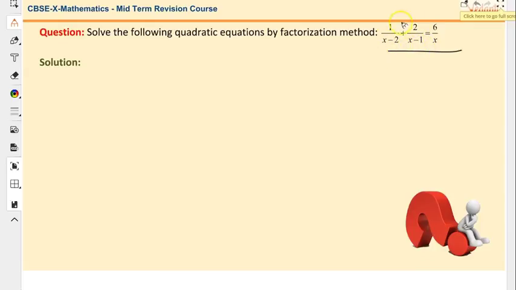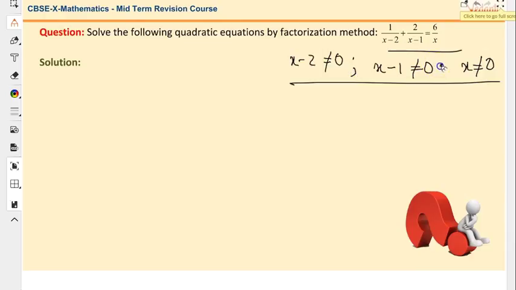But before simplification, you have to see something which is not mentioned here, that x minus 2 should not be equal to 0, x minus 1 should not be equal to 0, and x should not be equal to 0. Why am I saying these things? Because if x minus 2 is 0, then 1 by 0 becomes undefined.